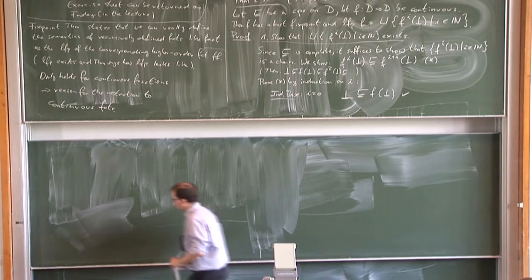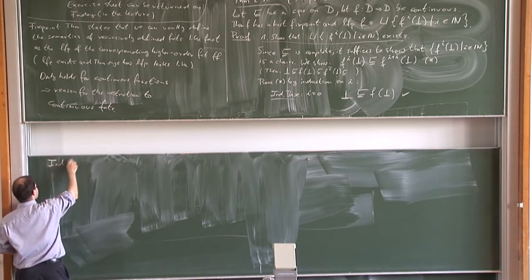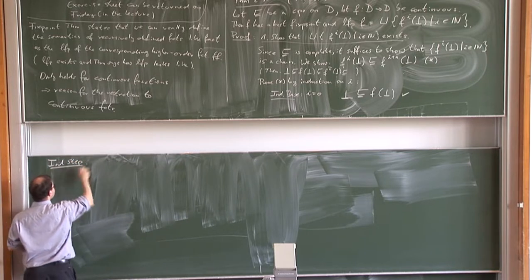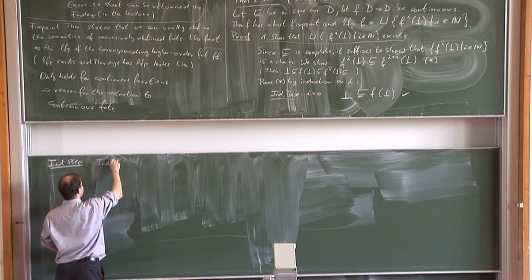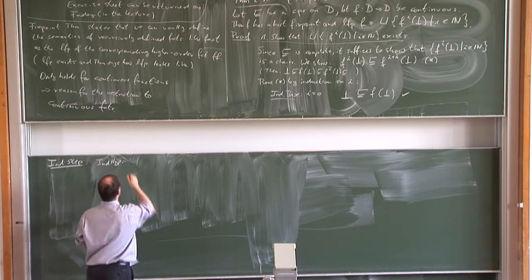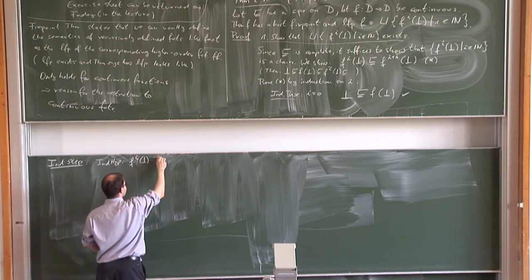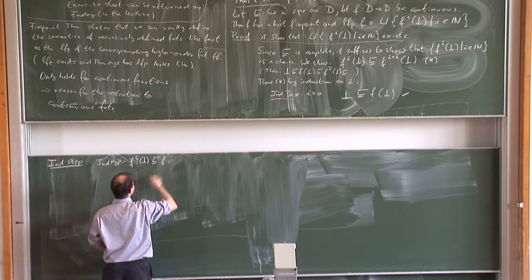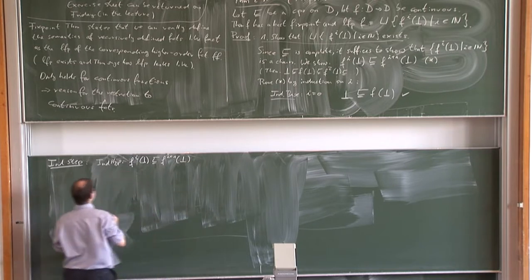Now the induction step. As induction hypothesis, we assume that the statement holds for i. So f applied i times to bottom is less defined or equal than f applied i plus 1 times to bottom.